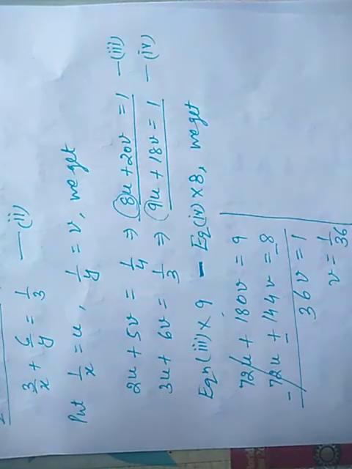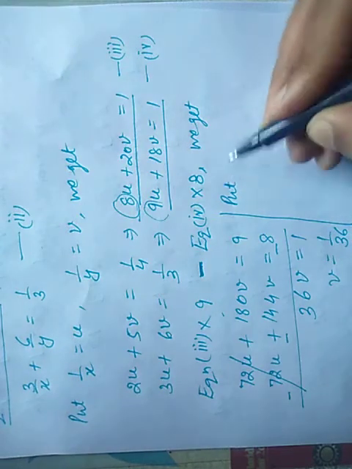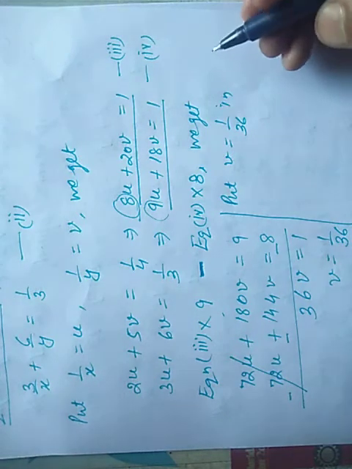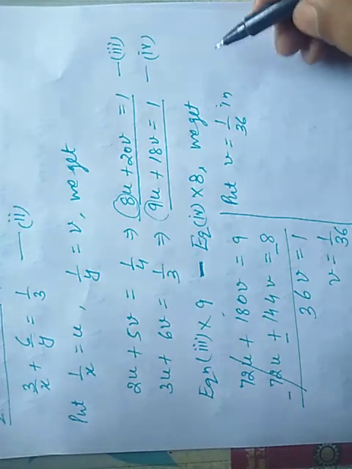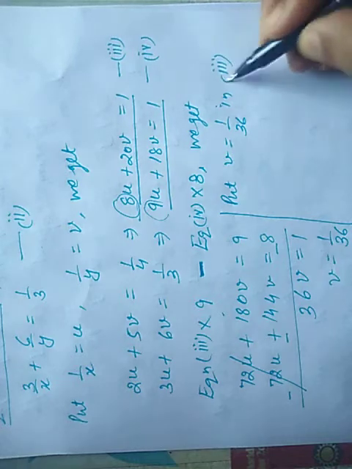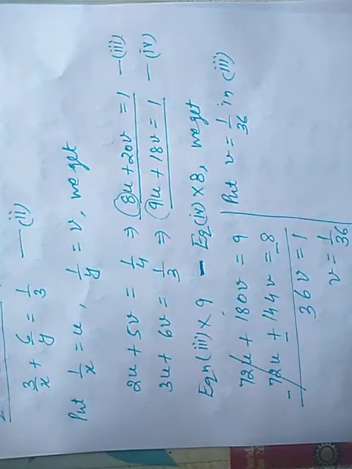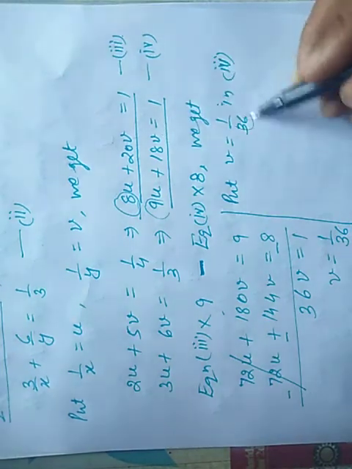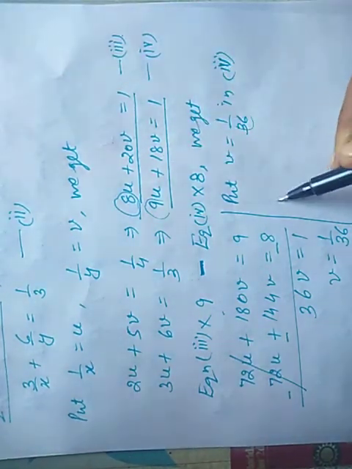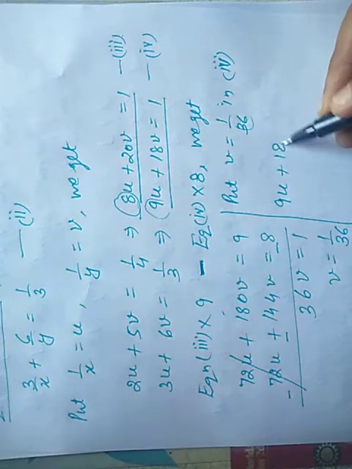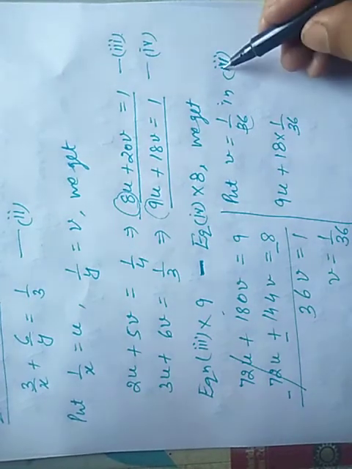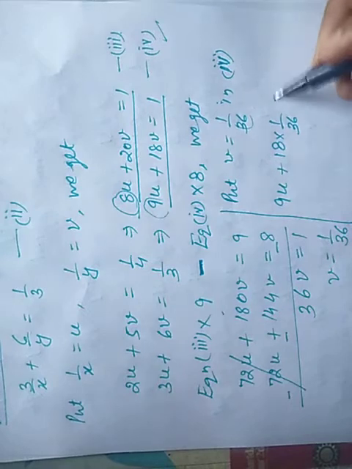We can put the value of v is equal to 1 upon 36 in equation third, or we can put it very easily in equation 4, because 36 can be easily cancelled by 18. So 9u plus 18 into the value of v, 1 upon 36, we have substituted in equation 4, is equal to 1.